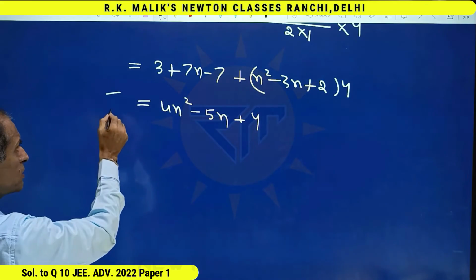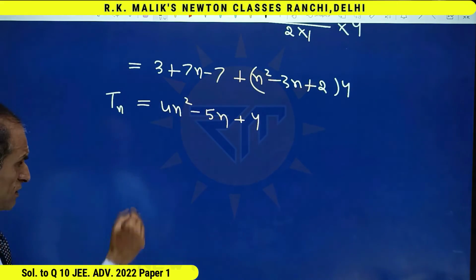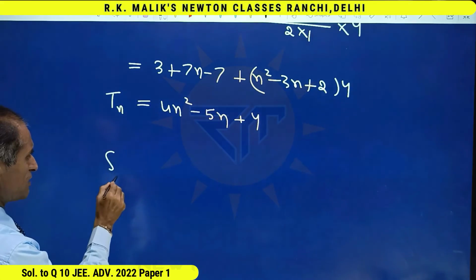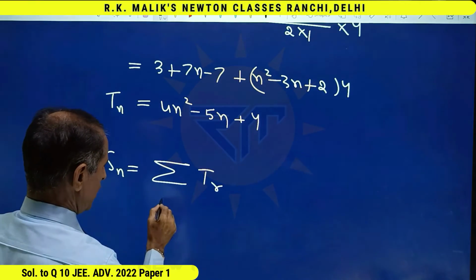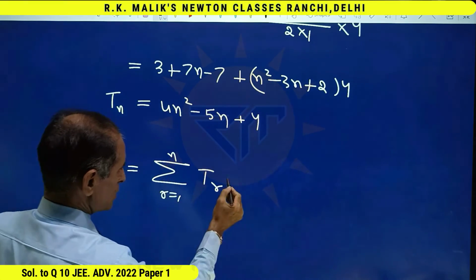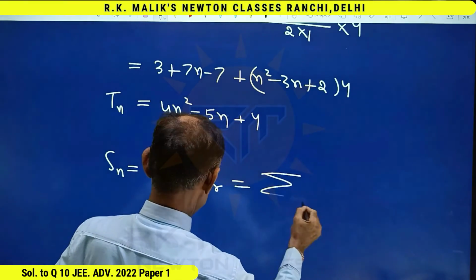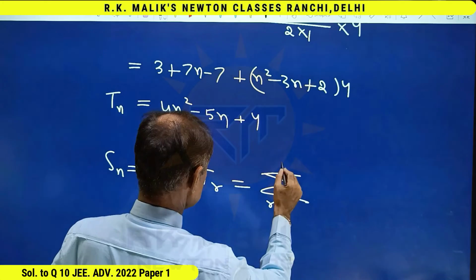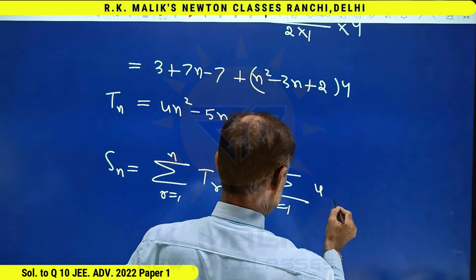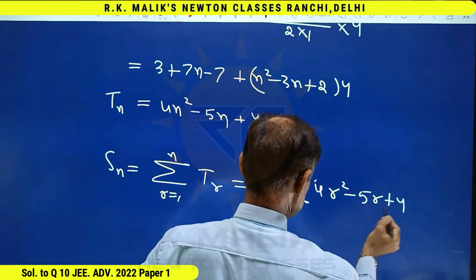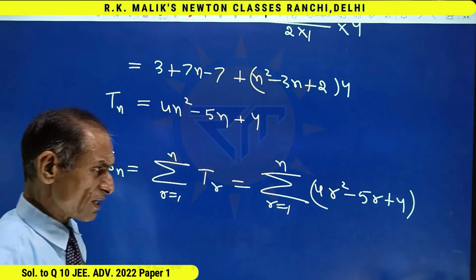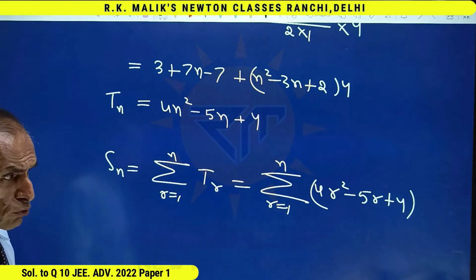And once Tn is this, as you know that Sn is equal to the sum of Tr, r from 1 to n, that is 4r square minus 5r plus 4. But note a very important thing I am going to do now.